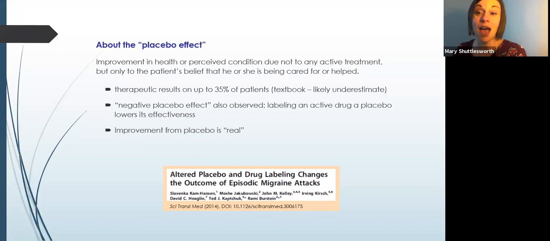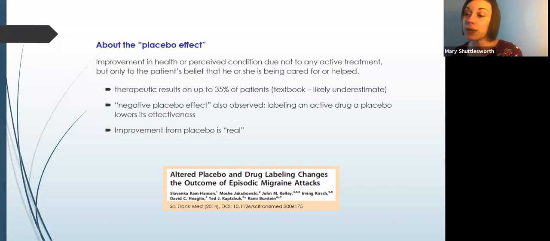And there is some research that shows that there are actual changes in neurobiological pathways as a result of exposure to a placebo. So your book talks about the therapeutic results being about 35% of patients improve following placebo, but this is likely an underestimate. It's probably actually higher than that.